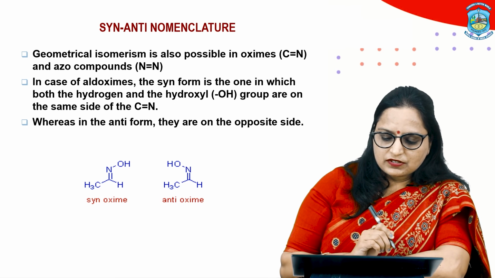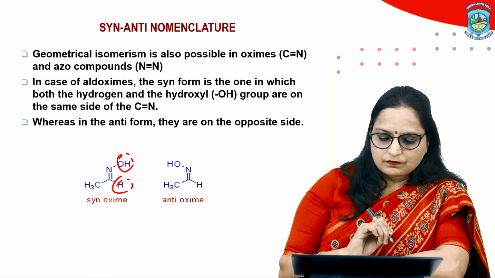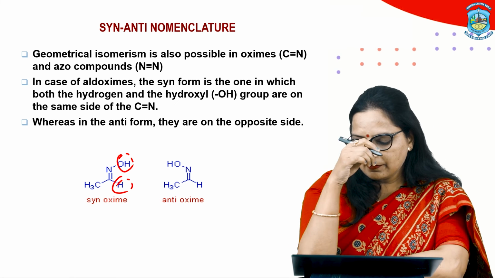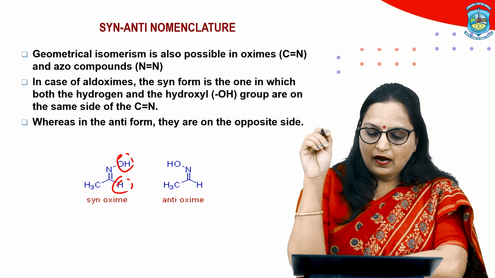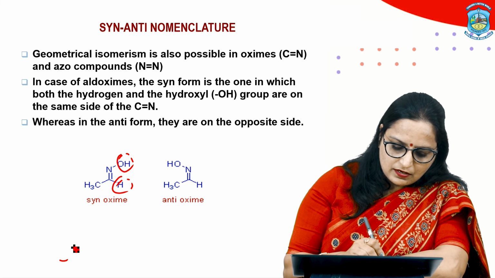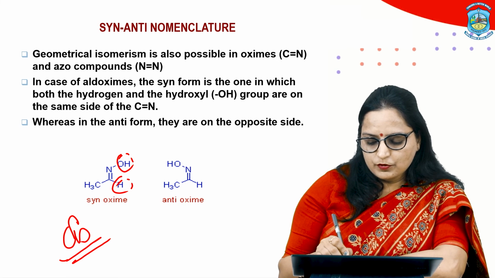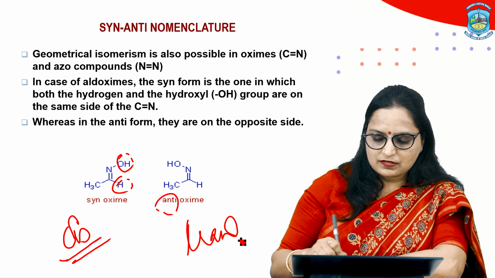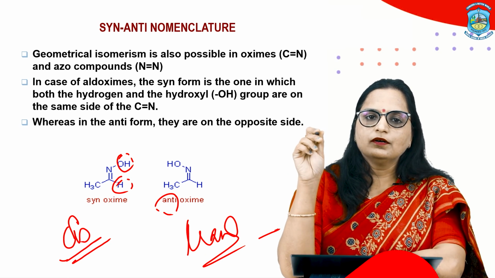You can see from the structure that if the OH and H are on the same side, this is the example of aldoximes also, then we call it syn, which is synonymous with cis, and if OH and H are on the opposite side, then we call it anti, which is synonymous with trans. So this is used when we don't have carbon double bond carbon.